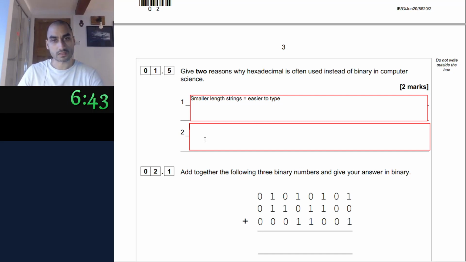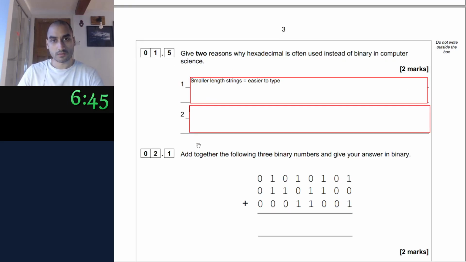What other reason? Makes better use of ASCII characters. I mean, it's not like it makes arithmetic easier, because it doesn't. Well, it does for humans, maybe.